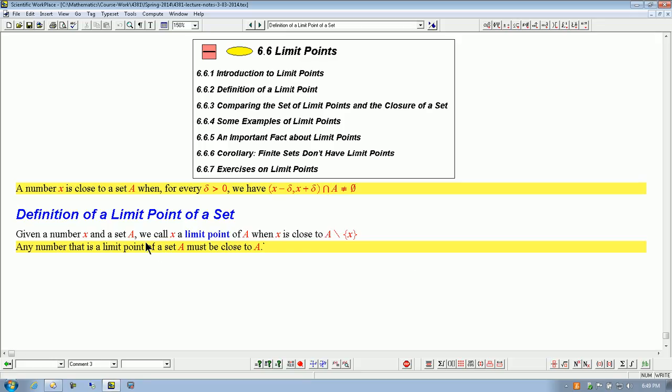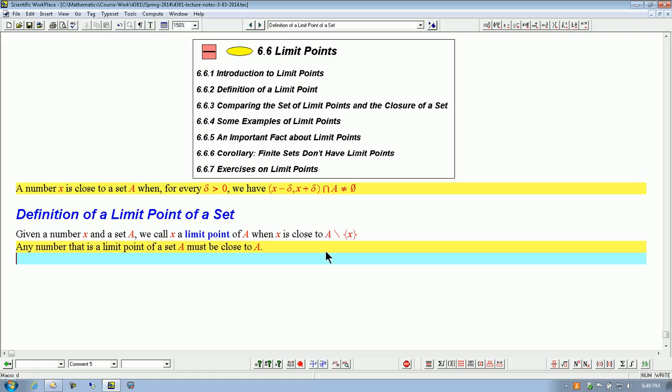Because in order for a number x to be a limit point of A, the number must be close to that subset of A. Now remember, if you have two sets, one of them a subset of another, any number close to the smaller set will always be close to the bigger set. Is that not true?